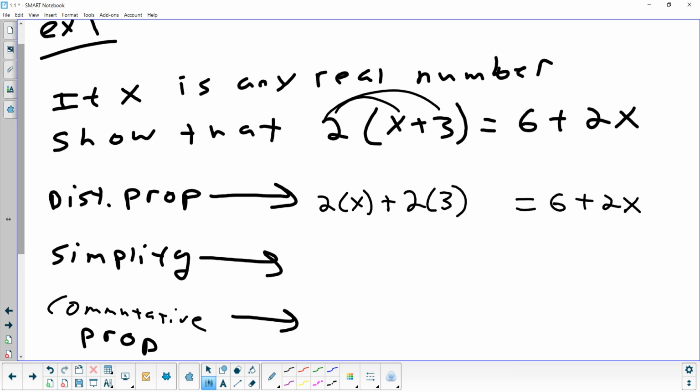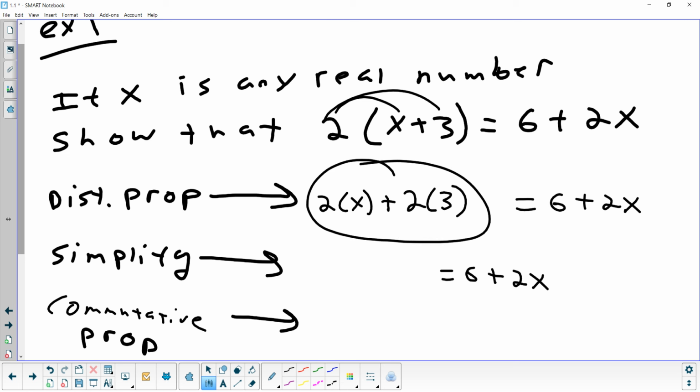Now the next step is to simplify. Casey, can you simplify what I have up above there? I just want to simplify anything that I can simplify right there. 2x plus 6. So we're going to have 2x plus 6.